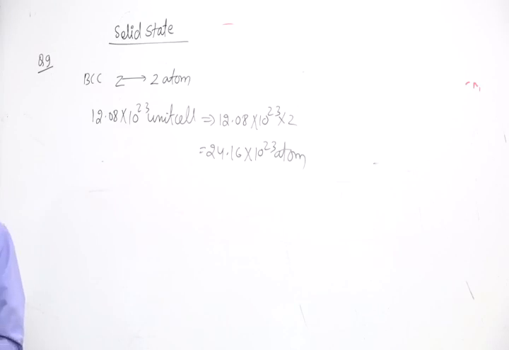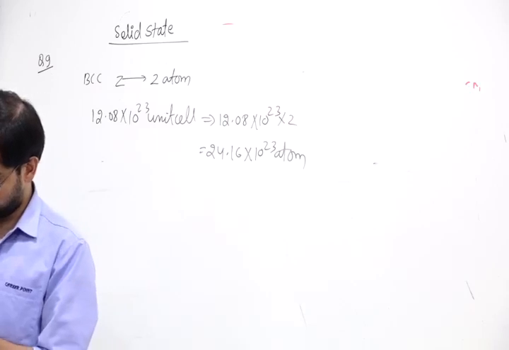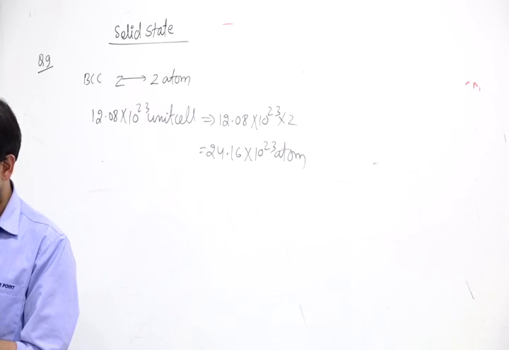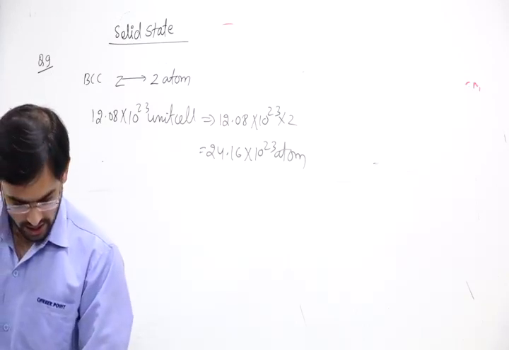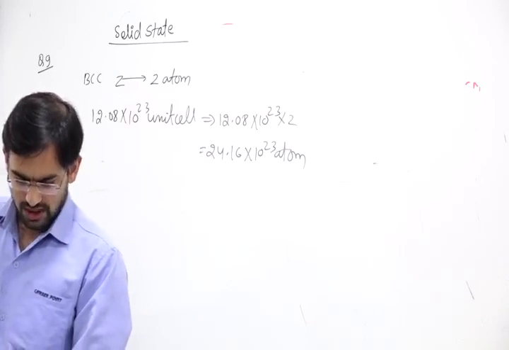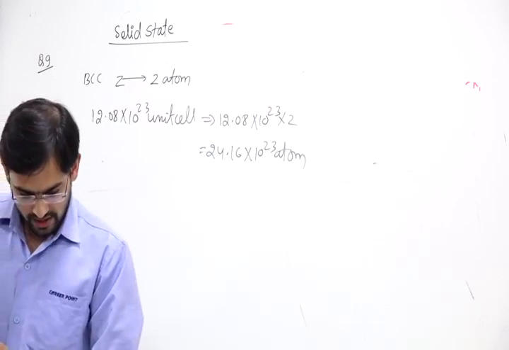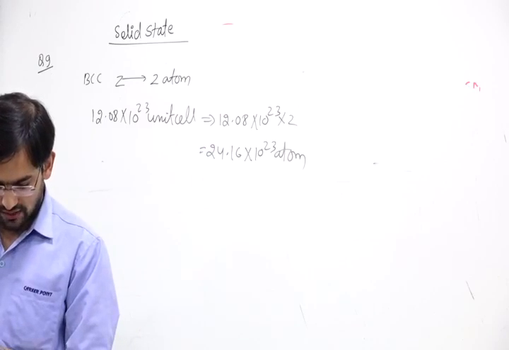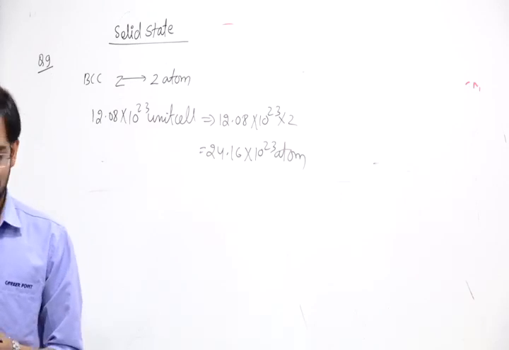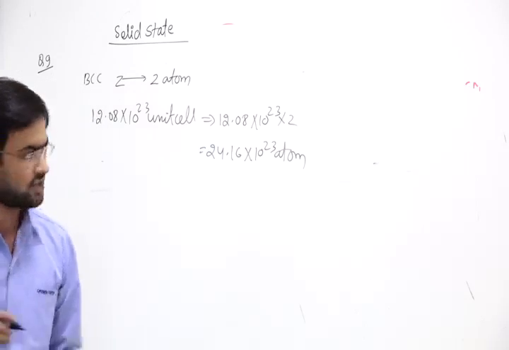Okay. What is question number 8? Question number 8 is saying that the radius of Na+ is 95 and that of Cl- is 181. Predict the coordination number. That is easy, right? Yesterday I gave you the radius ratio.